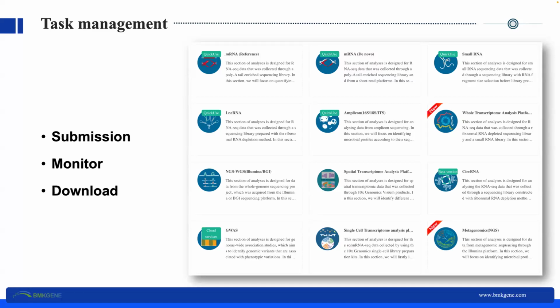Now, I will demonstrate to you Amplicon analysis using BMKCloud step by step, ensuring that you can finish the Amplicon analysis on your own. Let's turn to the BMKCloud homepage.